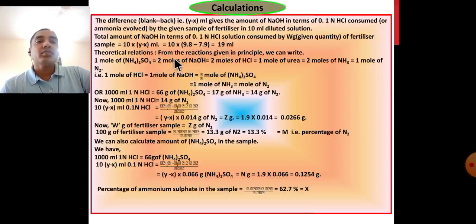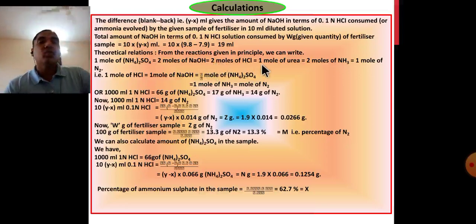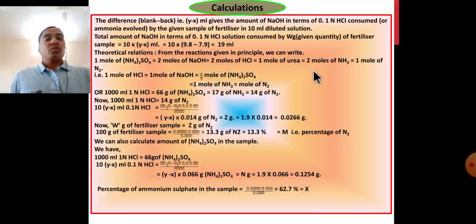Theoretical reaction relation. From the reaction given in the principle we can write: 1 mole of ammonium sulfate is equal to 2 moles of sodium hydroxide is equal to 2 moles of HCl is equal to 1 mole of urea is equal to 2 moles of ammonia is equal to 1 mole of N2.